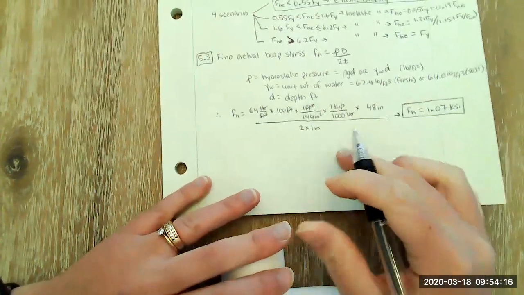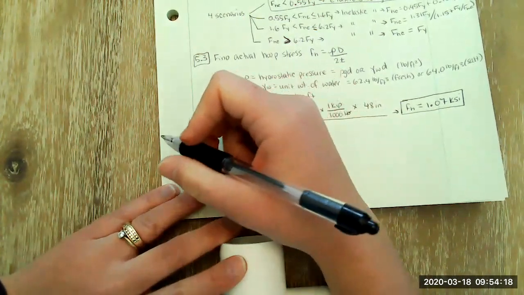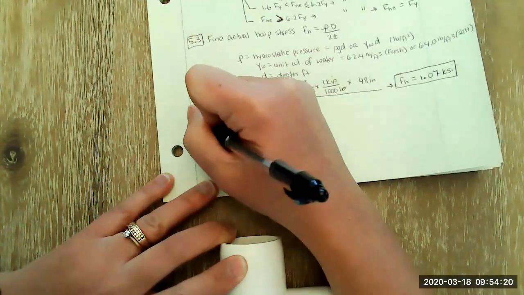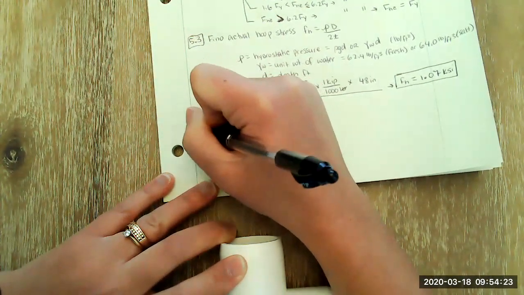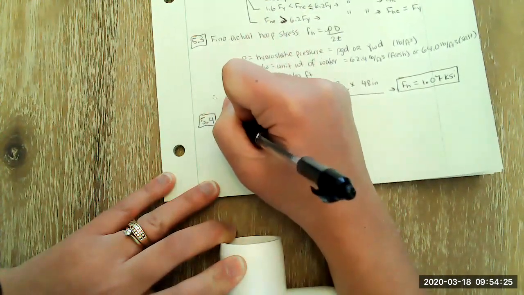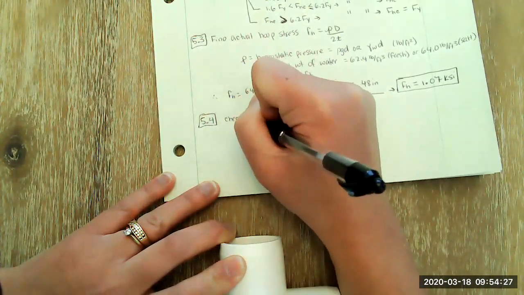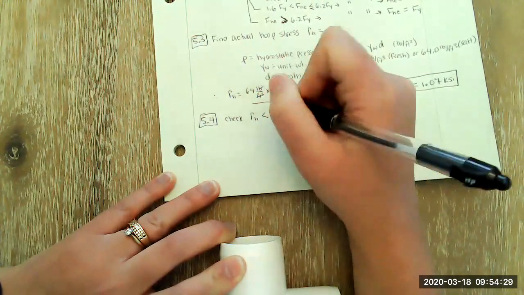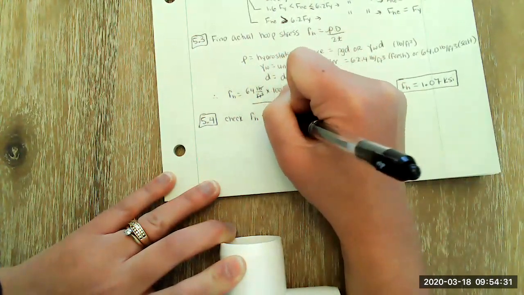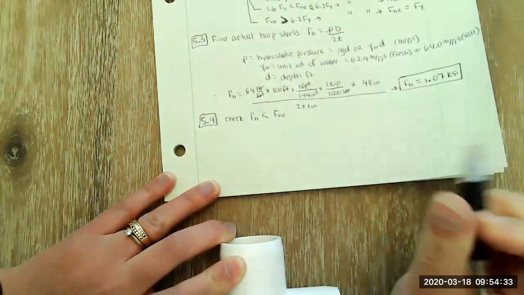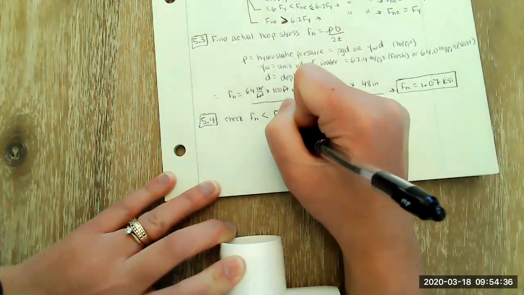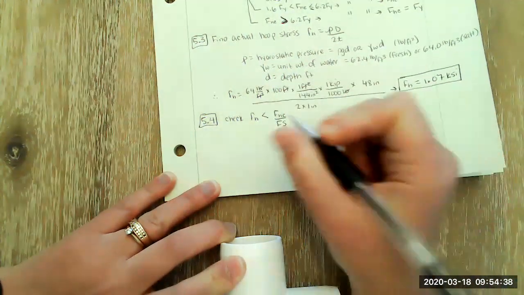The last thing we do, this step is slightly different from other steps. We have step 5.4, where we check that F sub H is less than F sub HC, our critical hoop buckling stress, divided by a factor of safety.